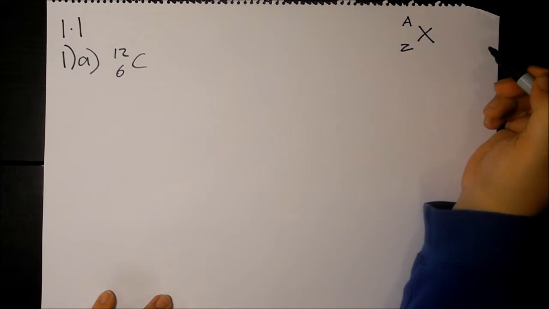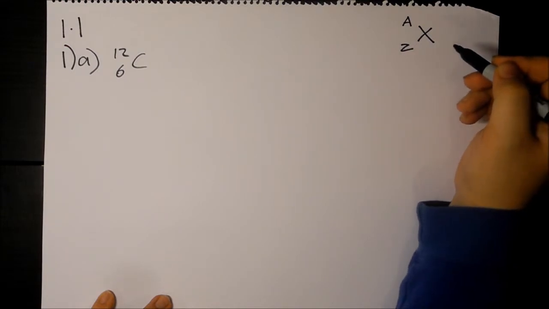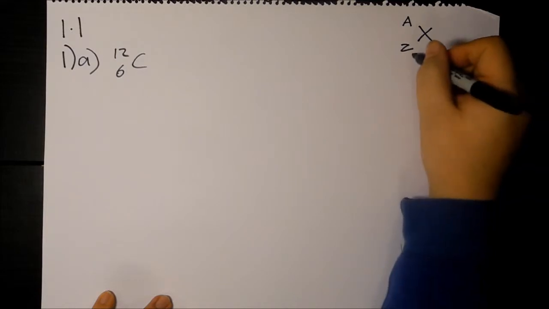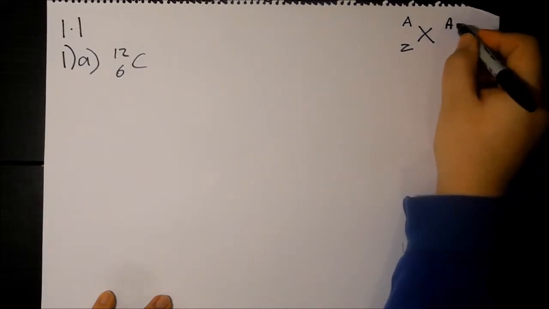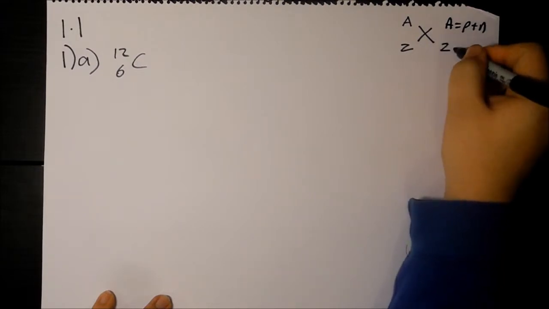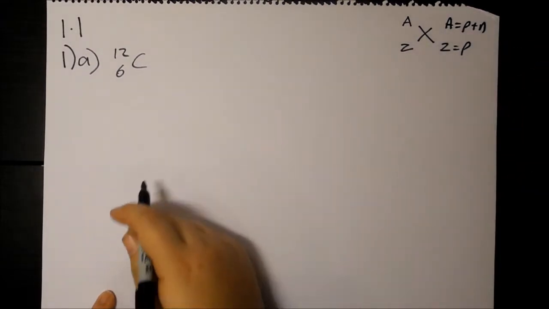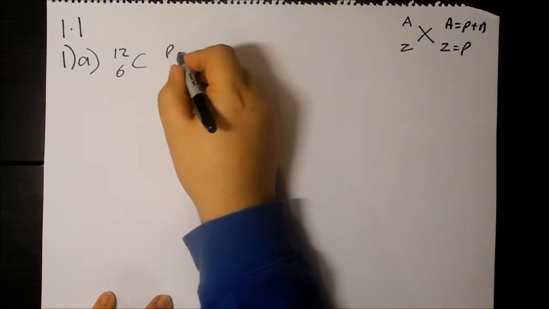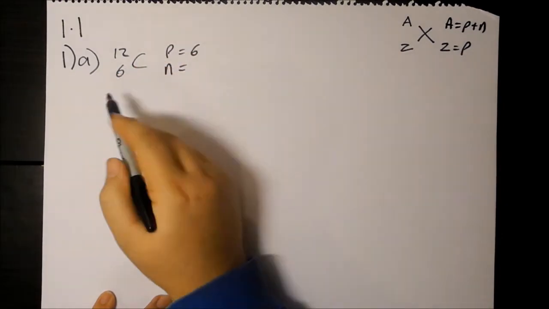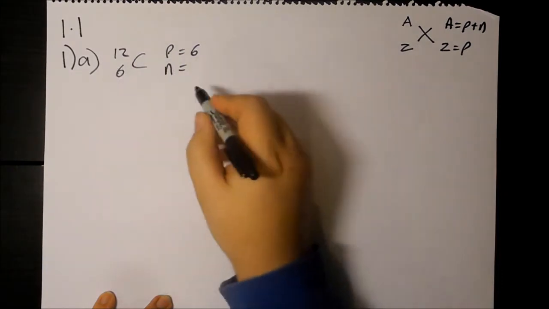So the nucleon number is the number of particles in the nucleus, i.e. protons and neutrons added together, and Z being the number of protons. So in this case, protons is the simple one, protons is 6, neutrons, well, 6 plus another 6 would give us 12.